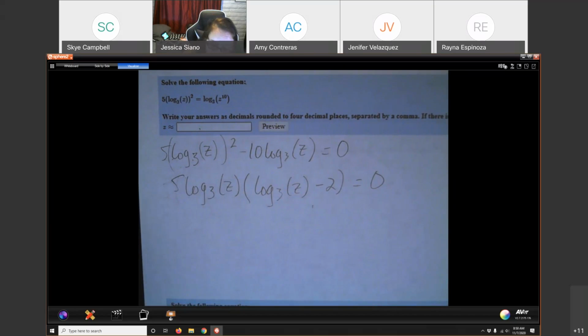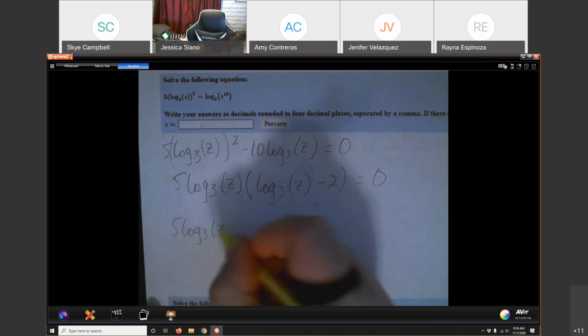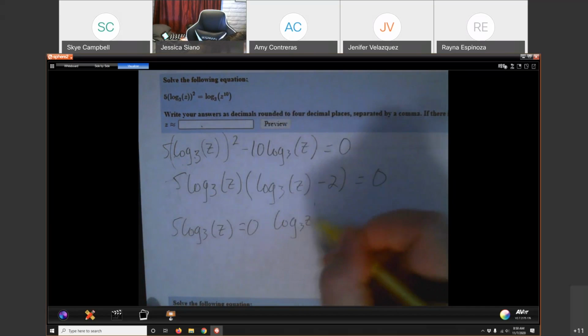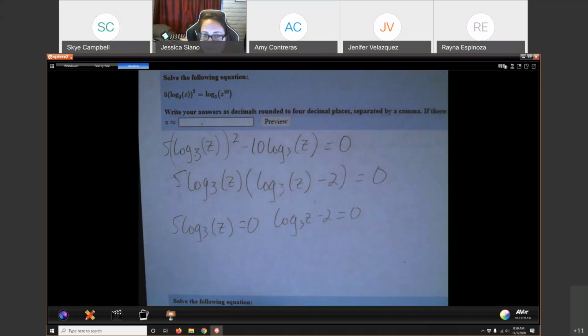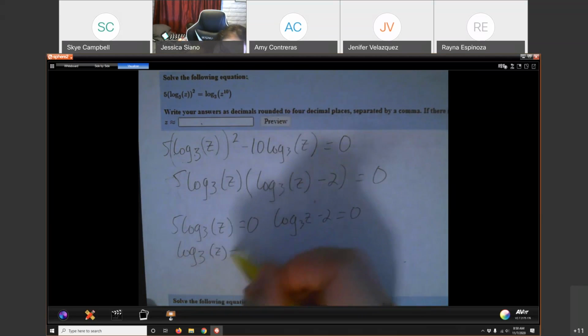And now I'm going to set each one of these equal to 0, and I'm going to solve them separately. If I divide both sides by 5 here, I would have log base 3 of z equals 0 still.